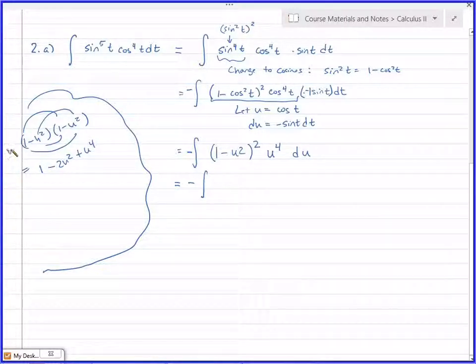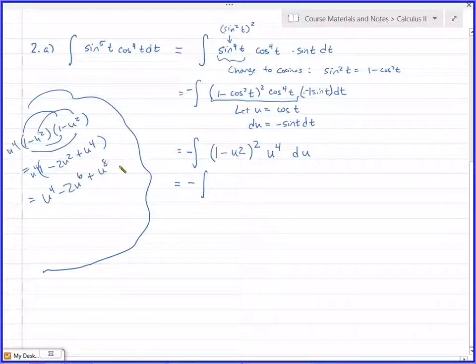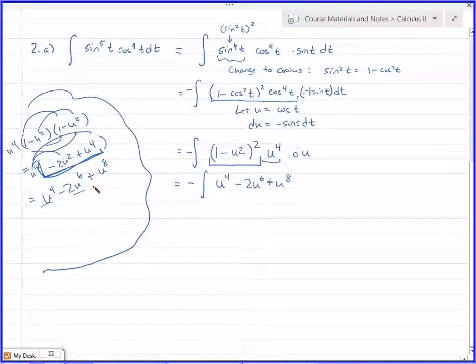So then if I multiply that times u to the fourth, I get u to the fourth minus 2u to the sixth plus u to the eighth. Okay, so I FOILed this and got that right there. And then I took this u to the fourth times everything, distributed, and that's how I got that.